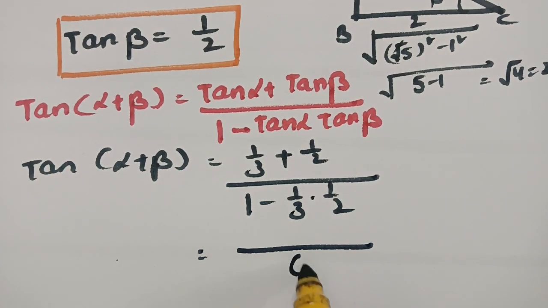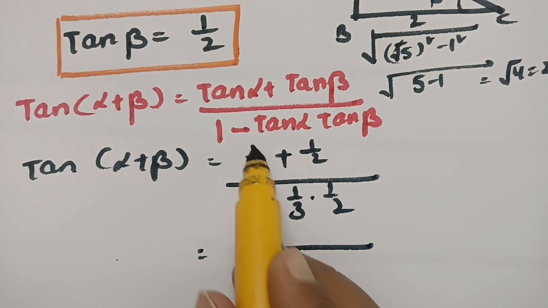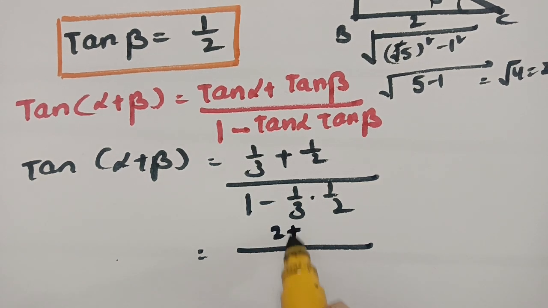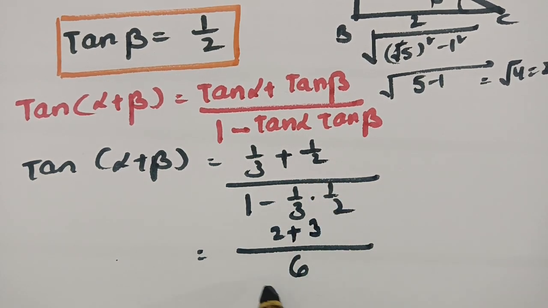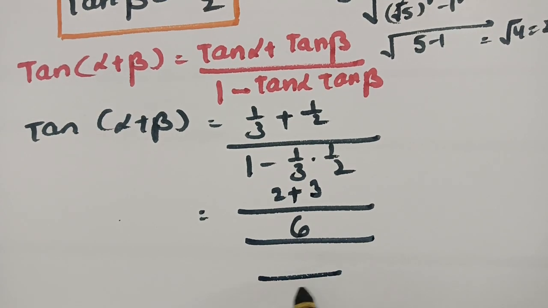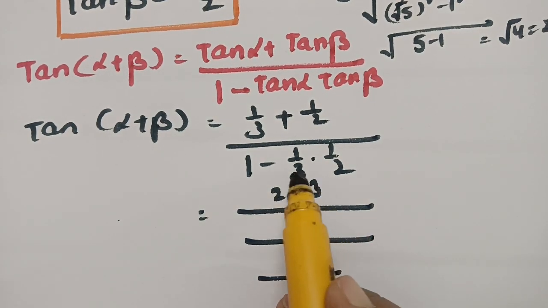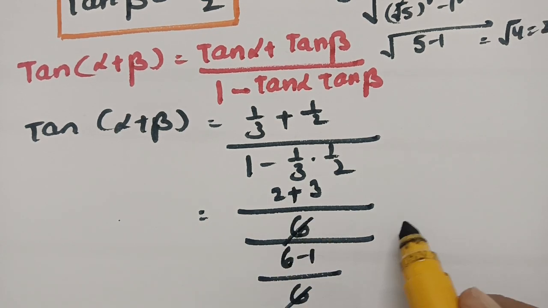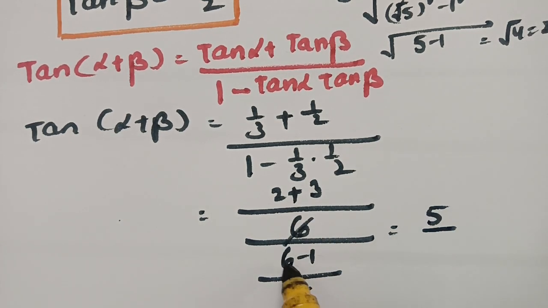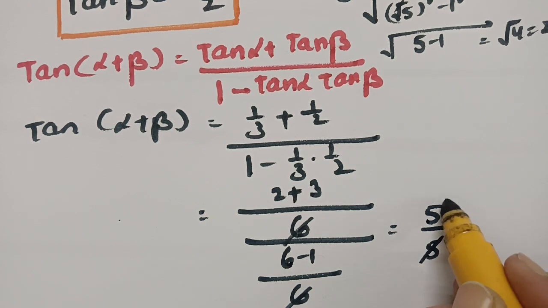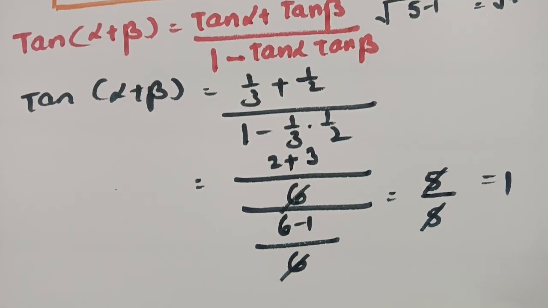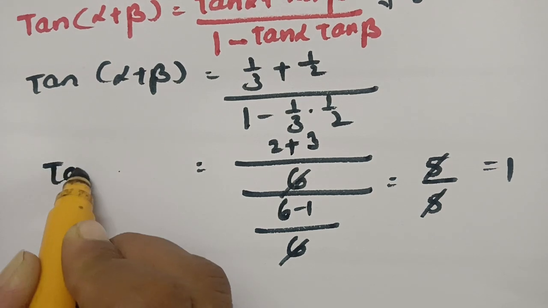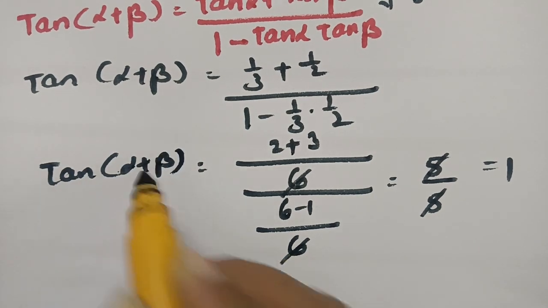If I take 6 as LCM, in the numerator 3 table 6 2 times, 2 table 6 3 times, so it is 2 plus 3; in the denominator, taking 6 as LCM, this will be 6 minus 1. So if I cancel, this is 5 by 5. So the value here is 1. So we got tan of alpha plus beta value as 1.